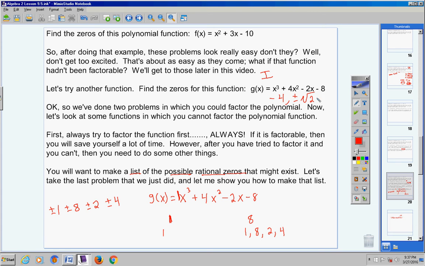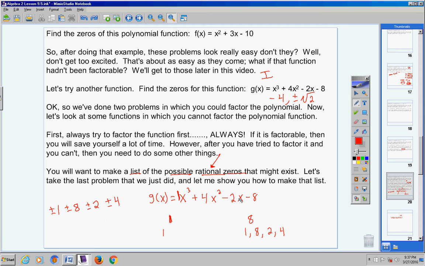Is the square root of 2 rational or irrational? That's irrational, so it's not supposed to be in this list. This list that you make is only good for rational zeros. Got it? So, is -4 in this list? Yep, there it is. -4 right there. I'm telling you guys, this list is awesome.